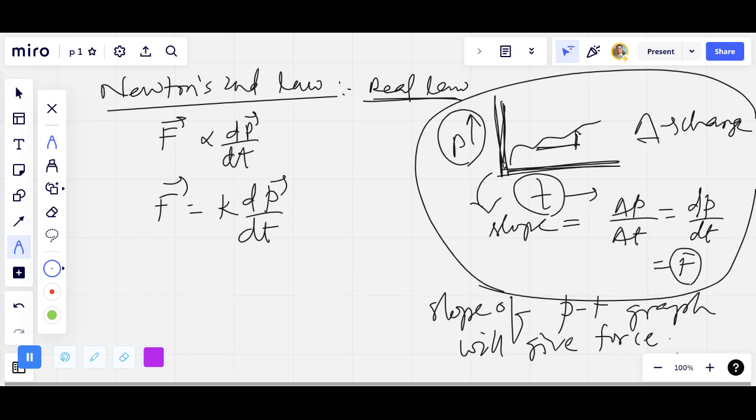Force is equal to k into dp by dt, where k is the proportionality constant.